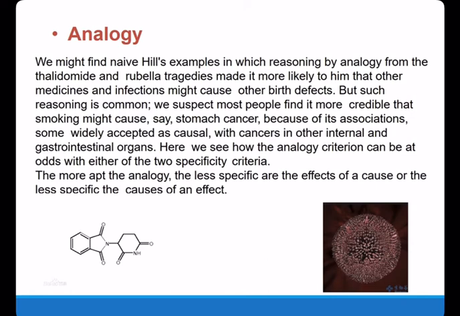We suspect that most people find it more credible that smoking might cause, say, stomach cancer because of its association with some widely accepted causation of cancer in other internal and gastrointestinal organs. Here we see how the analogy criterion can be at odds with either of the two specificity criteria. The more apt the analogy, the less specific the effect of a cause, or the less specific the causes of an effect.